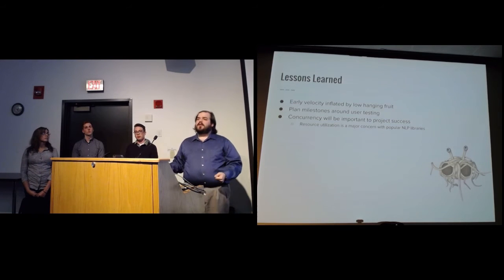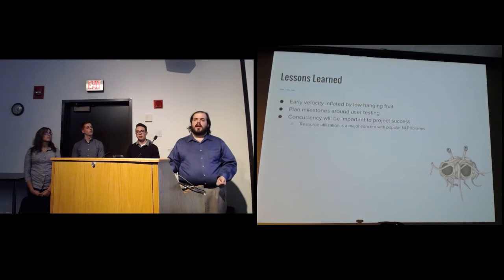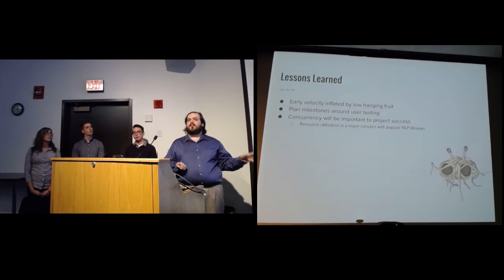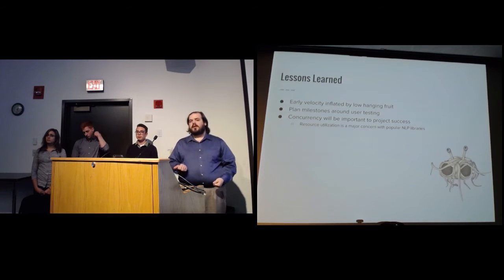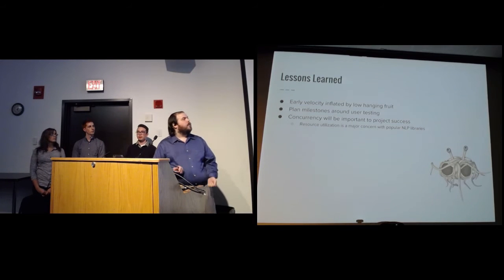Now that we have the system in a state where we can do regular user testing, we really want to emphasize that going forward. So what we have learned that we need to do is plan our milestones around these user testing goals, make sure that we will have the system in the state that we want to test it when we have the user test planned.